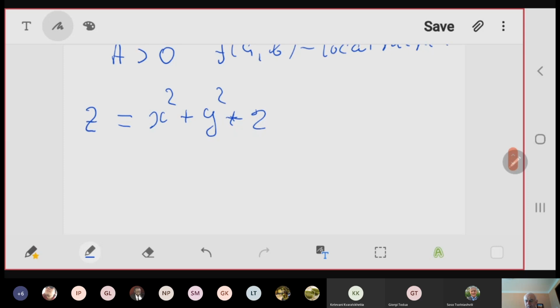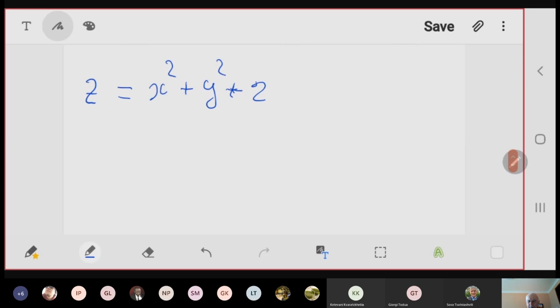And we need to find local minimum or local maximum if they exist. So the first step is to find the first derivative.